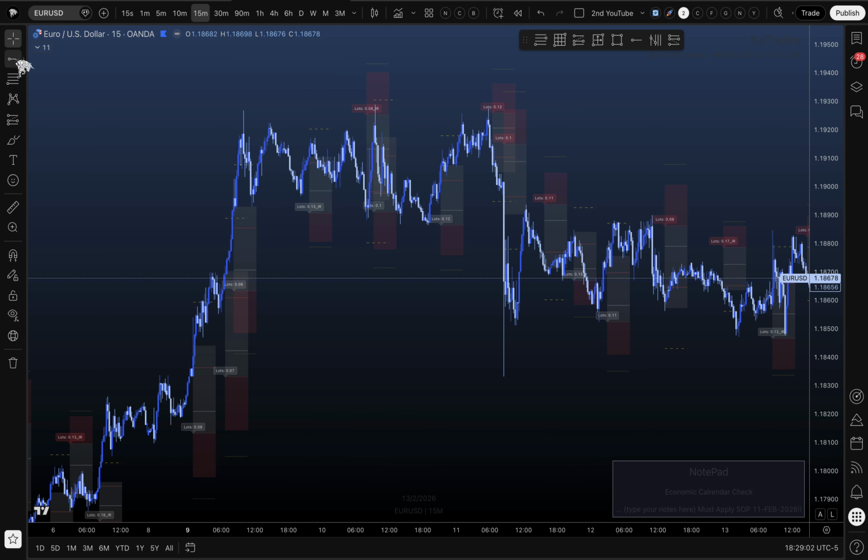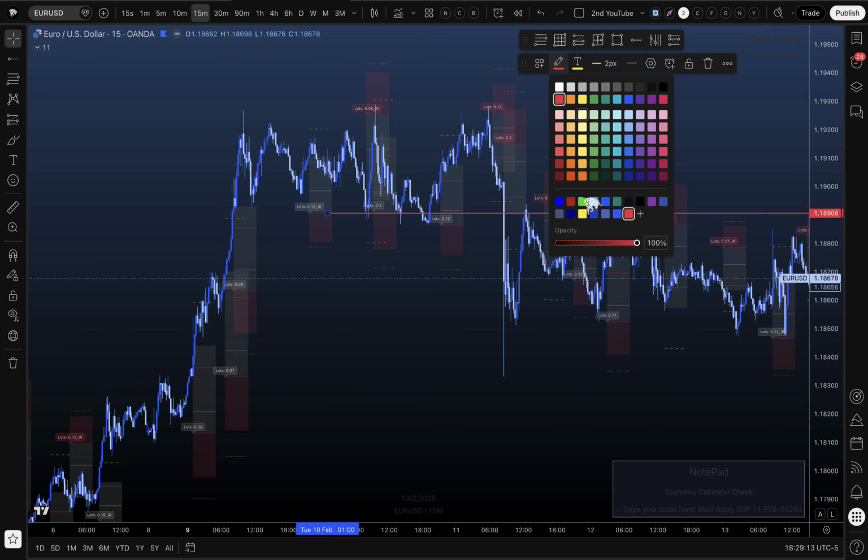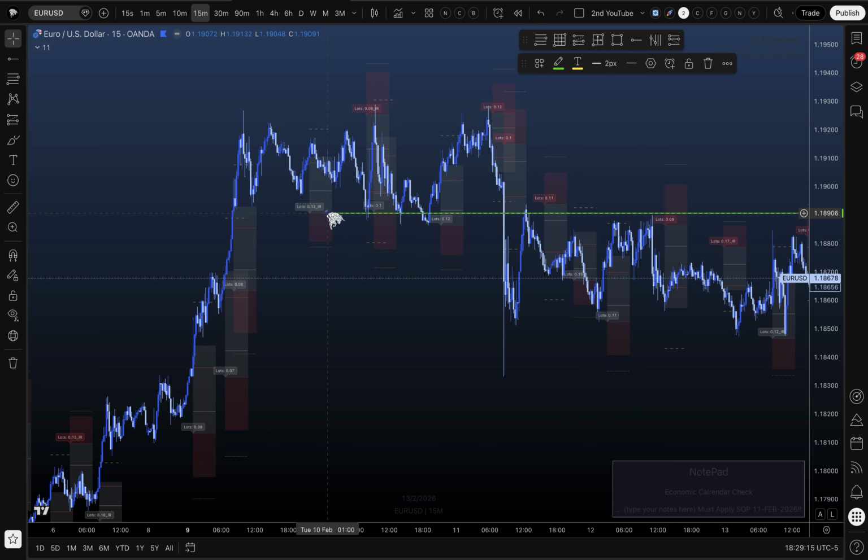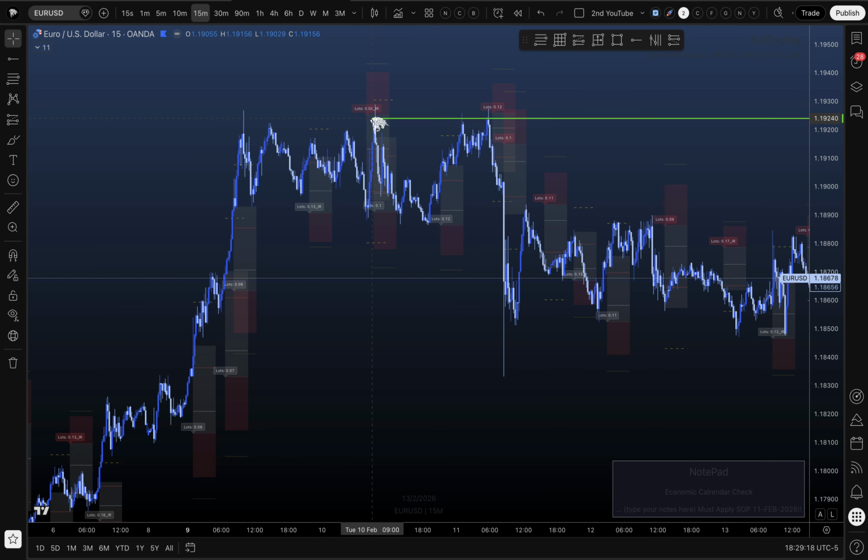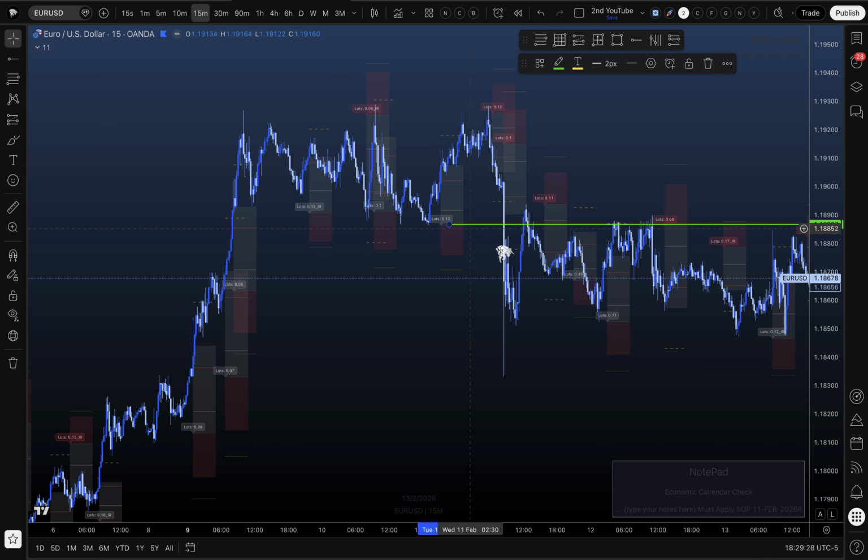Okay, for example, I'm going to represent with line, but you can use only your eyes. You know that here you had a setup, was a very easy win. Here we have another easy win, another easy win. And then these setups are pending, not activated yet. But here I have another setup that was a loss. Okay, what I'm going to do if it was a loss?